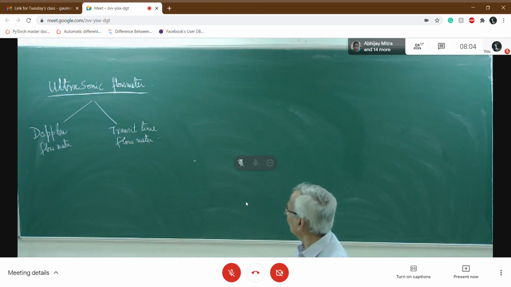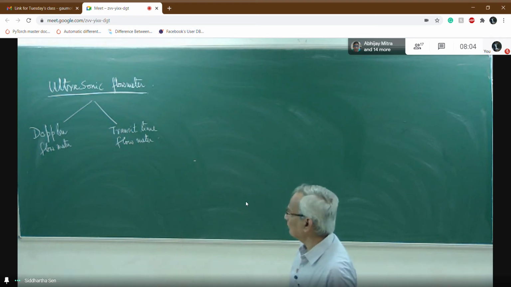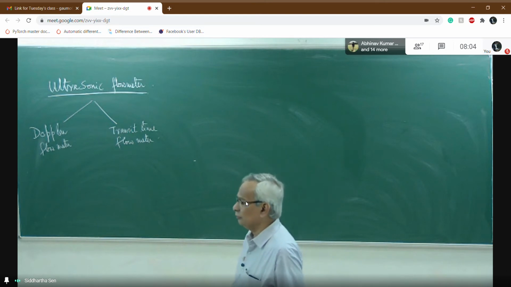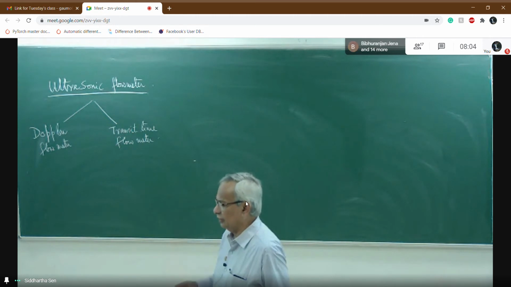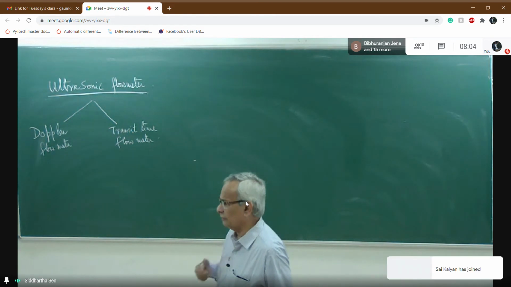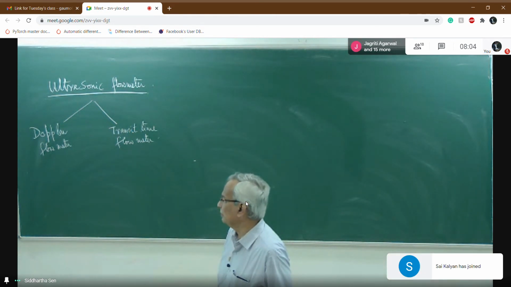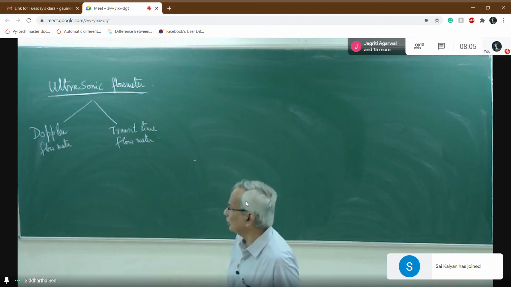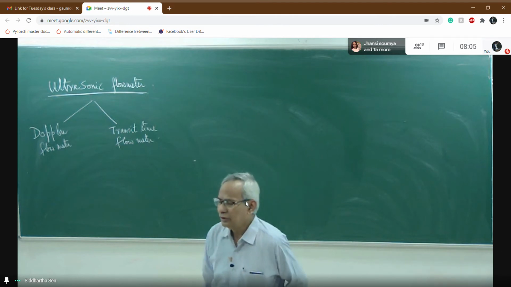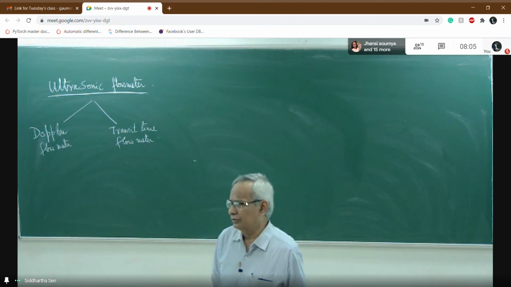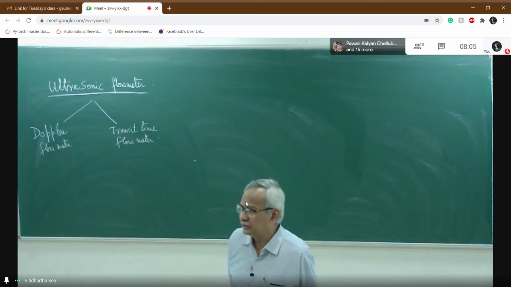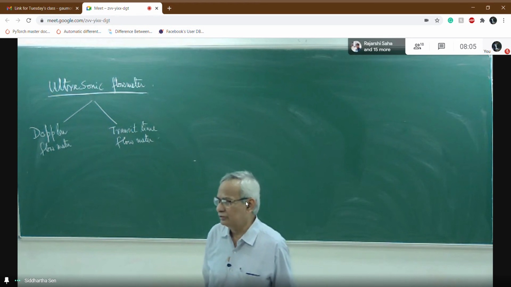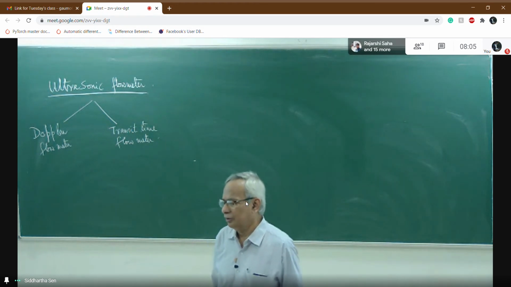So first of all, as I have given an example, is the blood flow meter. In our artery, whenever we want to measure the flow rate, you can do it by using the Doppler flow meter. The basic principle is the same as the Doppler effect. You can measure the velocity of stars with respect to our reference by the Doppler effect.